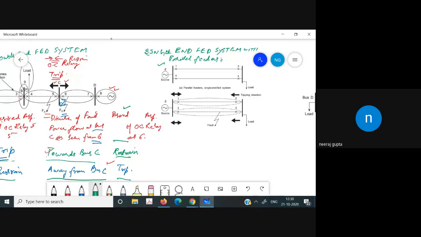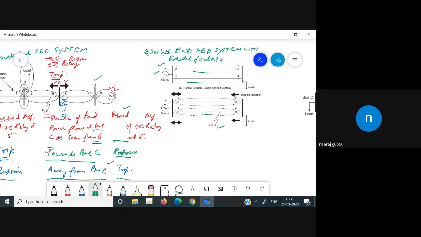Previously, it was the double end fed system. Now what happens in that very case? Let us suppose we have the two lines in that single end fed system, the parallel feeders. Now, let us suppose that a fault takes place at this line, that is connecting 4 and 3. So let us suppose in the second line the fault takes place.